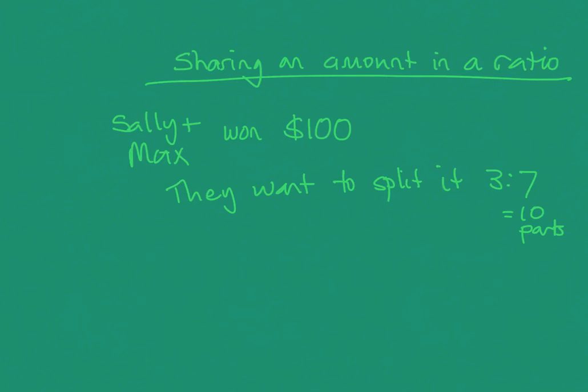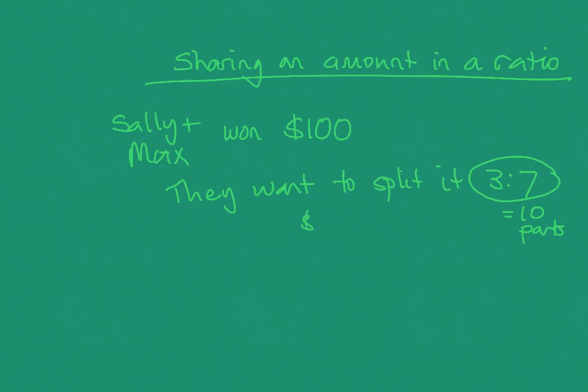So one other thing we can do with ratios is to share an amount of something in a ratio. So in this case, I'm talking about Sally and Max, who have won $100, and they want to split it in a 3 to 7 ratio. So what I want you to do is to add up how many parts there are. And there's 10 parts.